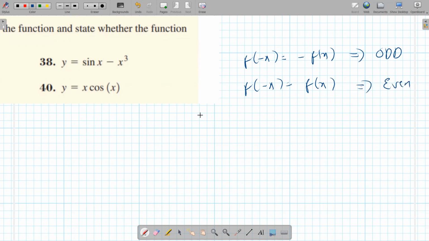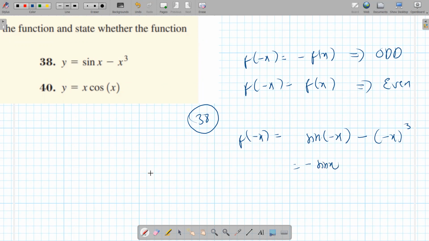Okay, let's do 38. So if that's f of x, what's f of minus x equal to? Sine of negative x, minus x cubed. Perfect. Now this is just something you have to know. Sine of negative x is negative sine x. Sine of minus x is minus sine of x, and cosine of minus x is, sorry, an even function, so it's positive.